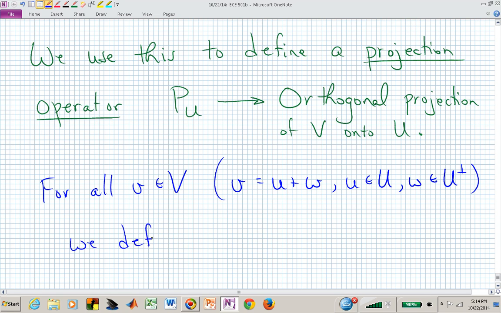If we've now done this decomposition of the vector V into U and W, then we can define this projection operator P_U operating on V to simply be U. Or, like I said, we're throwing away the W piece.